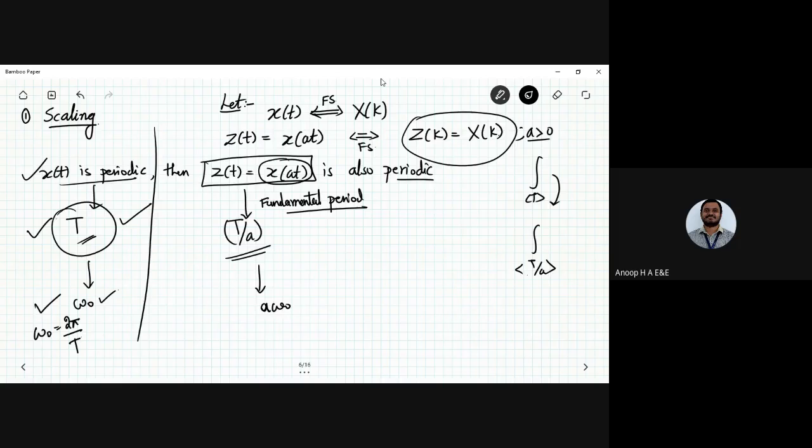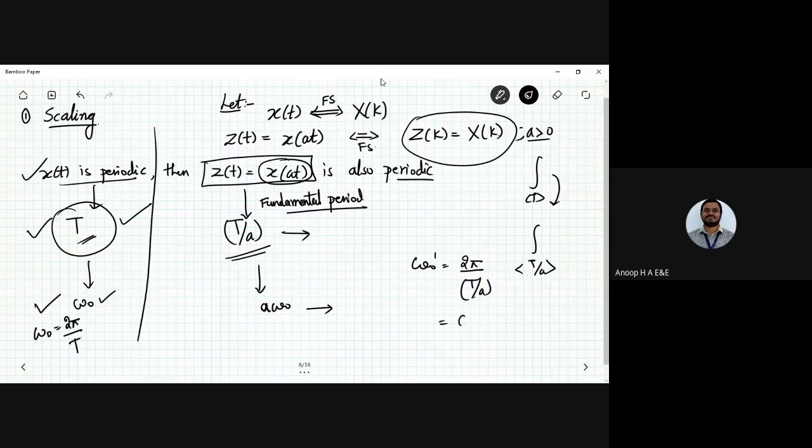Now z of t will have a fundamental time period of t by a, and its frequency will be multiplied accordingly. If you replace t with t by a, you get omega naught dash, which is 2 pi divided by t by a, the fundamental time period of z of t.